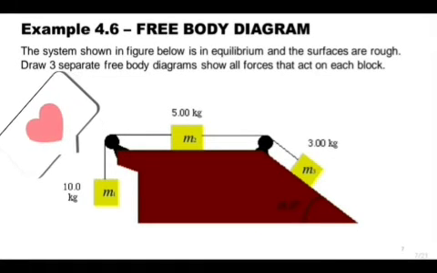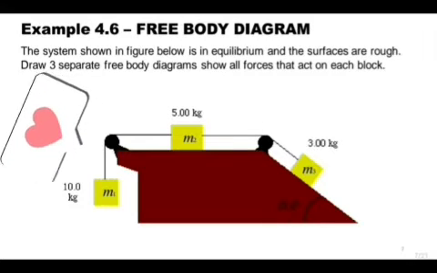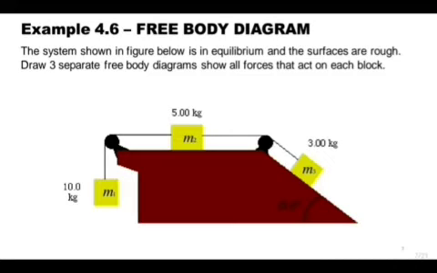Example 4.6, free body diagram. The system shown in figure below is in equilibrium and the surfaces are rough. Draw 3 separate free body diagrams, show all forces that act on each block. Since the system is in equilibrium, therefore all blocks are not moving. First of all, let's identify all forces that acting on each block. We start with M1.